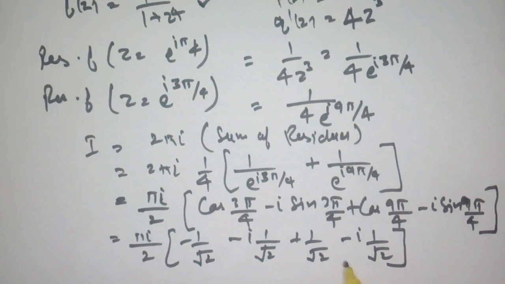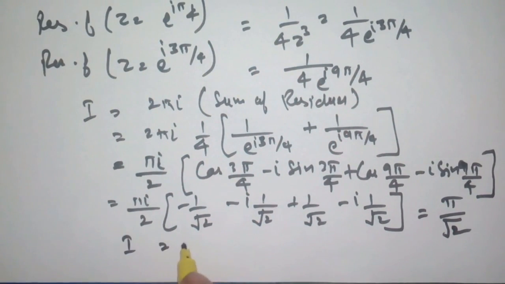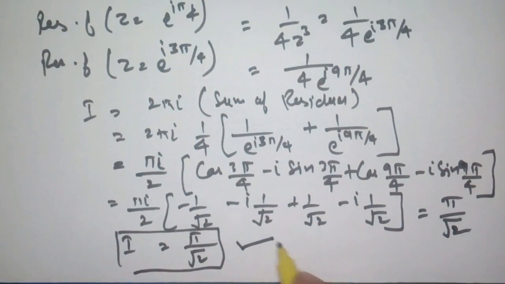Now after simplification we will get pi upon root 2. So now here I equal to pi upon root 2 is the right answer.